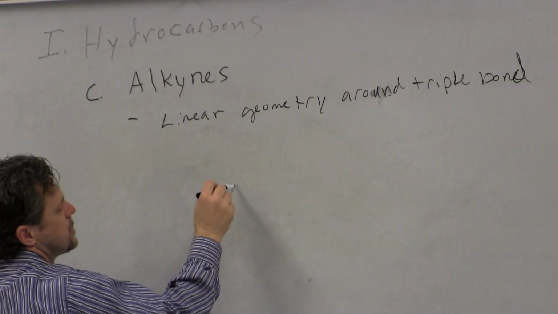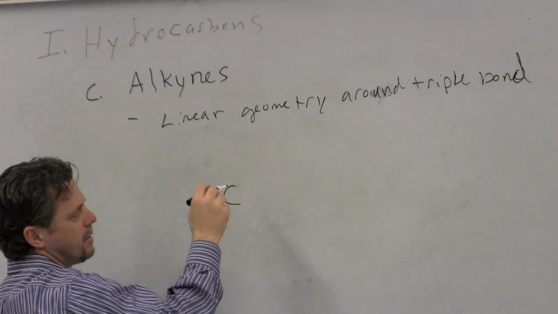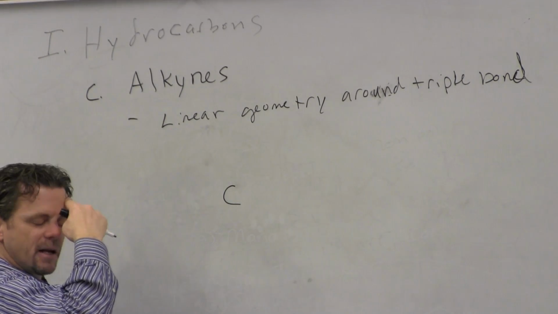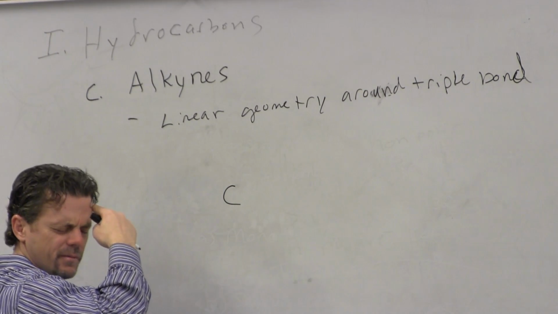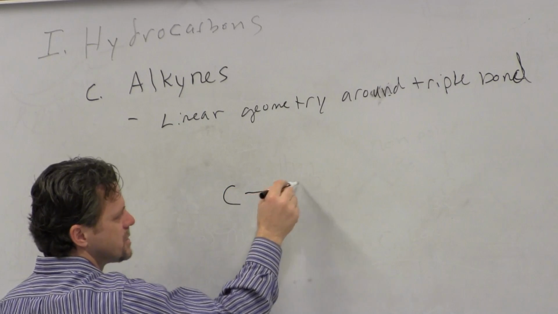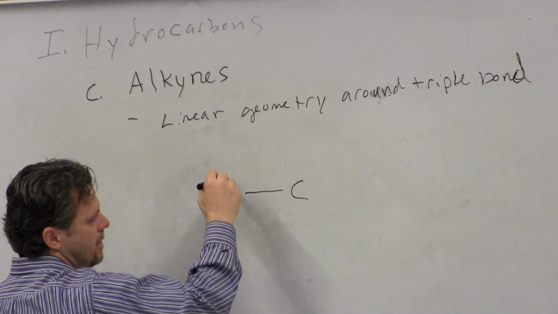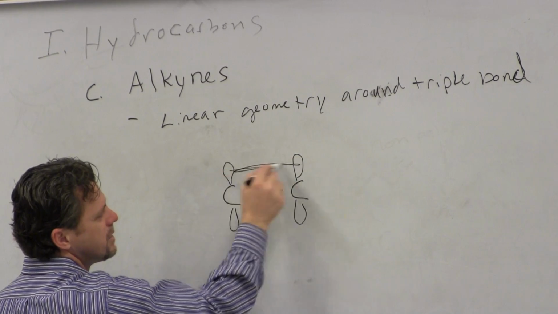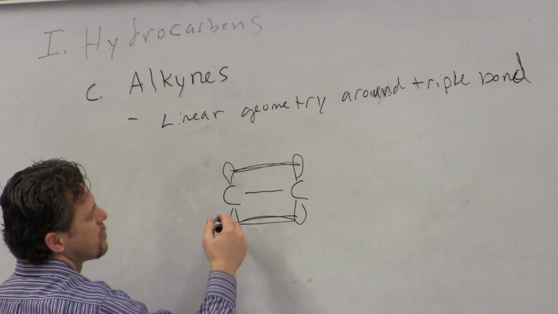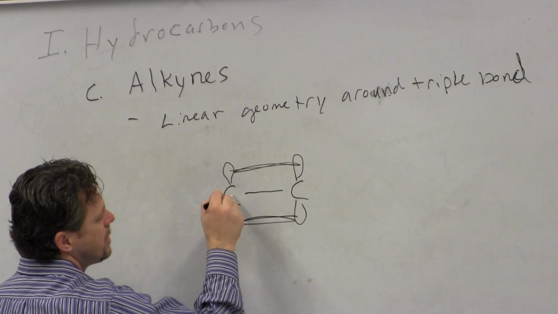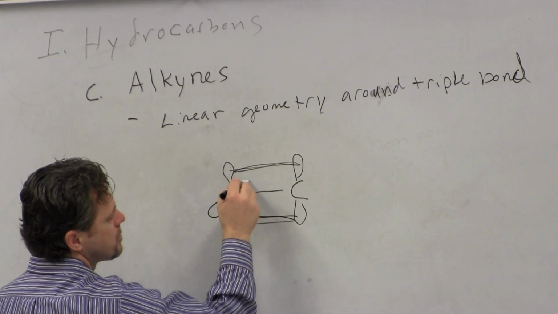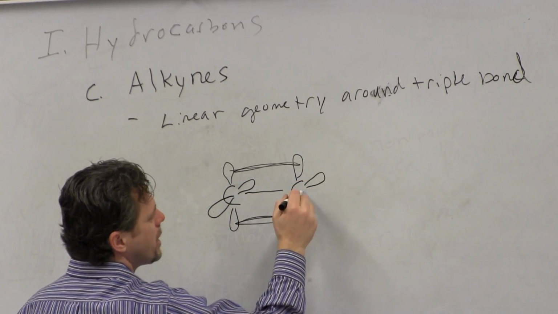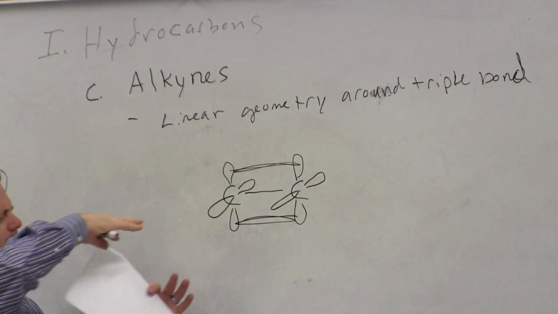So just like with a double bond, because of the bonding pattern here, you can't have free rotation. With a single bond, you have free rotation. Then when you add this second bond, due to these pi orbitals, it fixes that. But now with the triple bond, you have p orbitals from the carbon forming another pi bond coming out of the plane.